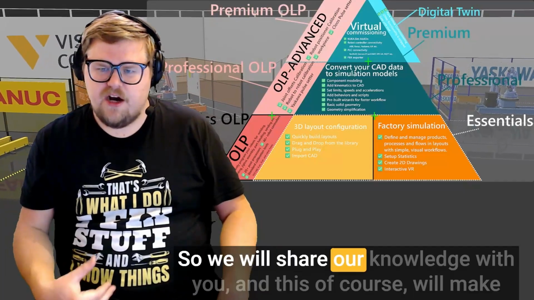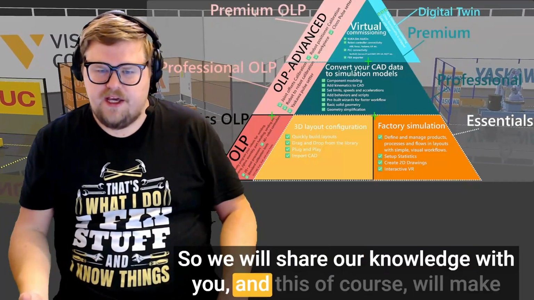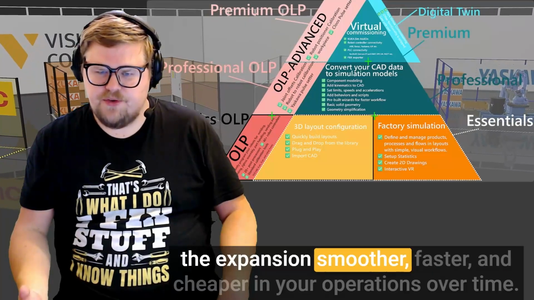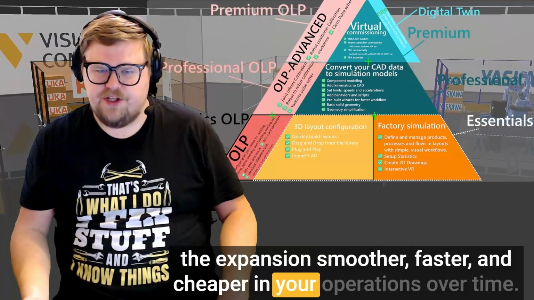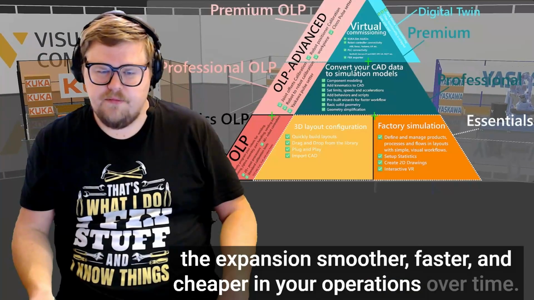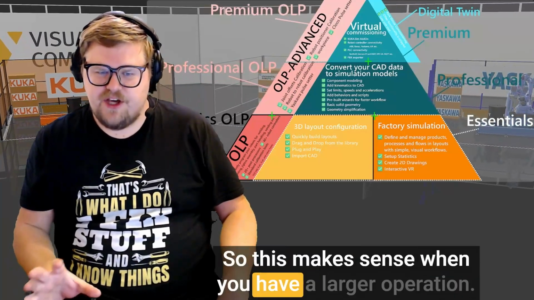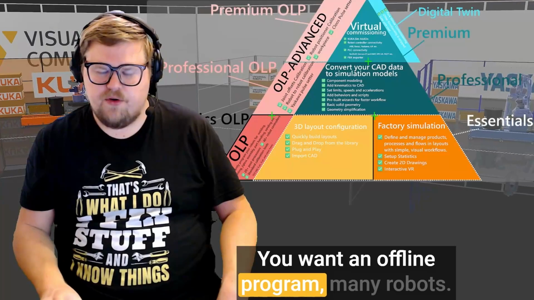So we will share our knowledge with you. And this, of course, will make the expansion smoother, faster, and cheaper in your operations over time. So this makes sense when you have a larger operation, you want to offline program many robots.